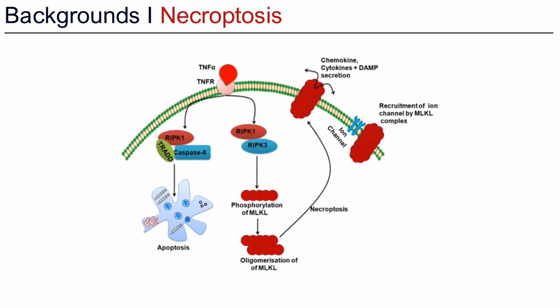Necroptosis is regulated cell death which requires various proteins such as tumor necrosis factor, in short TNF, or the RIPK1, RIPK3, and mixed lineage kinase domain-like MLKL. A single RIPK3 molecule needs to be oligomerized to activate MLKL and RIPK1.